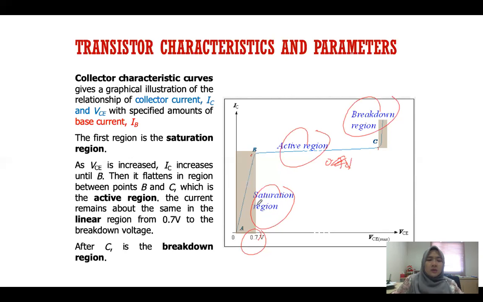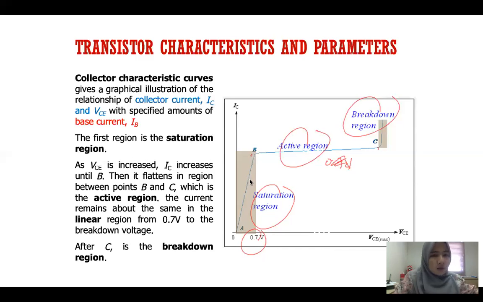That's why in the example just now, for the transistor, we use 0.7 depending on the transistor configuration.